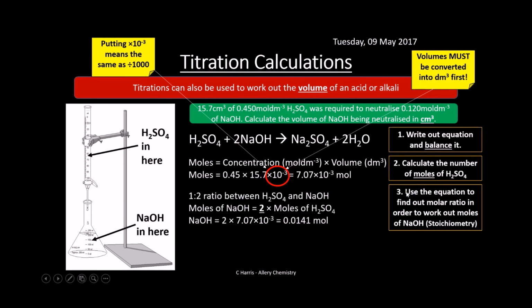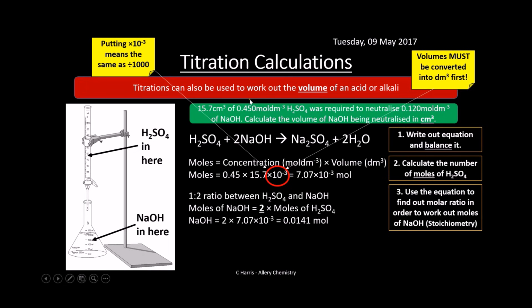We use the molar ratio to work out the moles of sodium hydroxide. Now this time it's a 1-to-2 ratio between sulfuric acid and sodium hydroxide. So the number of moles of sodium hydroxide is 2 times the number of moles of sulfuric acid. So this is 2 times 7.07 times 10 to the minus 3, which equals 0.0141 moles. This is the number of moles of sodium hydroxide.